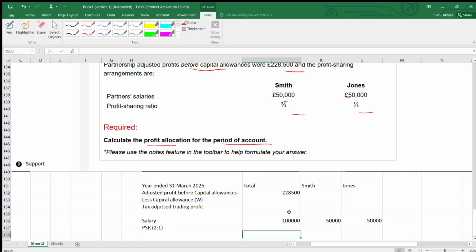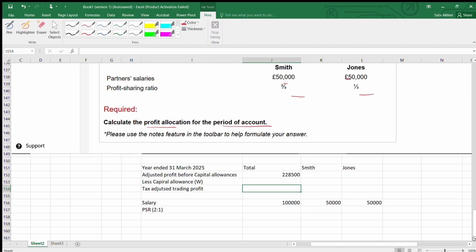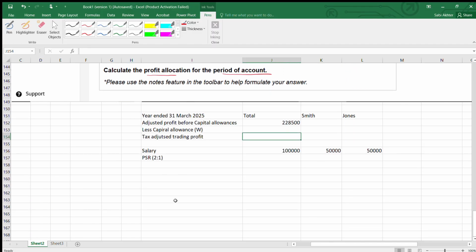This we don't know, but this one we'll only get after we get tax adjusted trading profit. For that, we need capital allowance. So now we'll go down to our working to get our capital allowance.